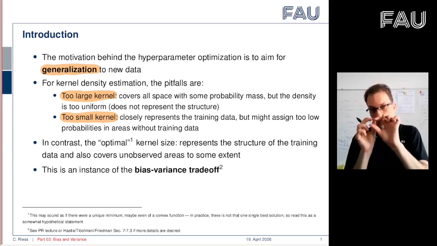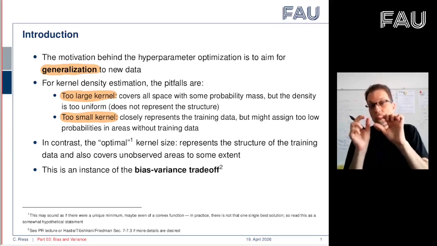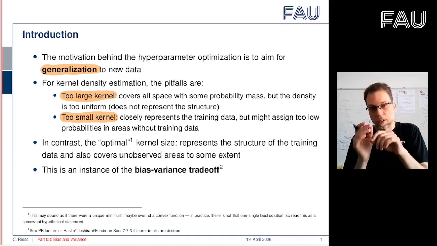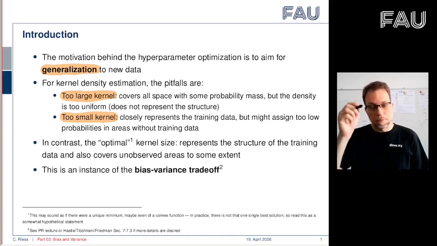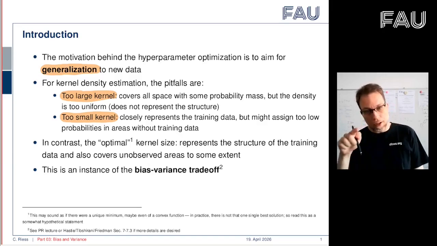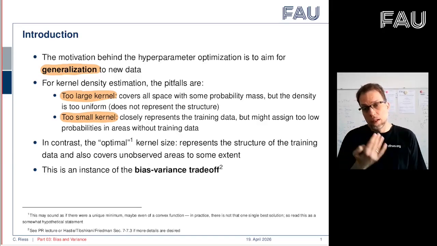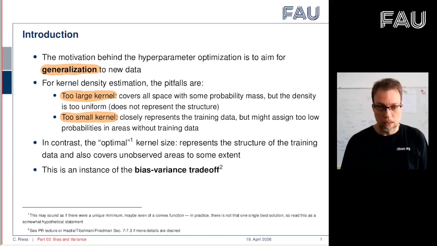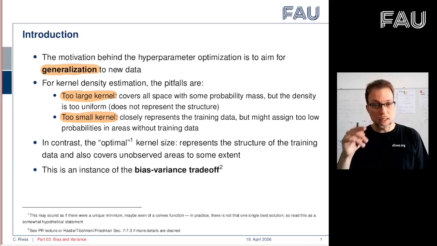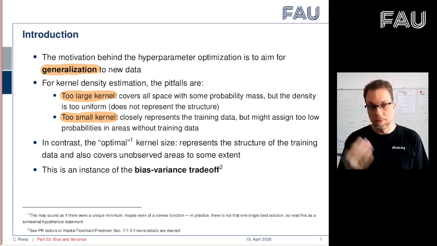But if you just happen to be in an area where there's no sample, it suddenly drops off to 0. We saw this in the histogram, where we had an empty histogram bin in an area where we were supposed to have a bit of probability mass. So this is the problem with a too small kernel, that it sort of invents structure where there is none.